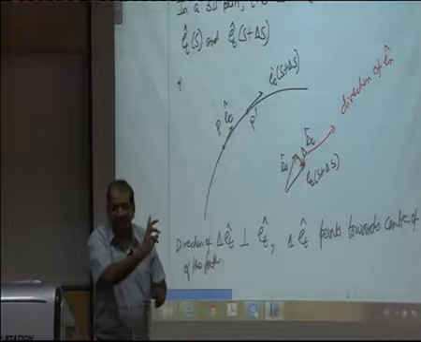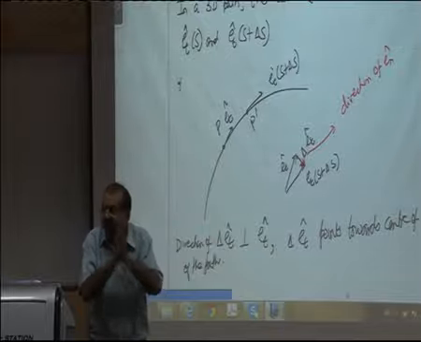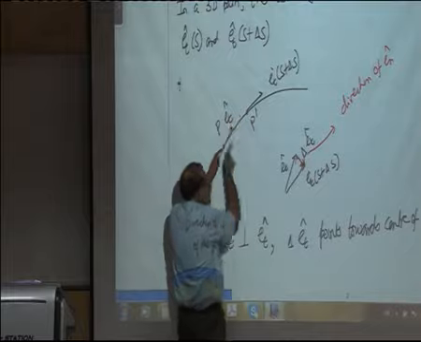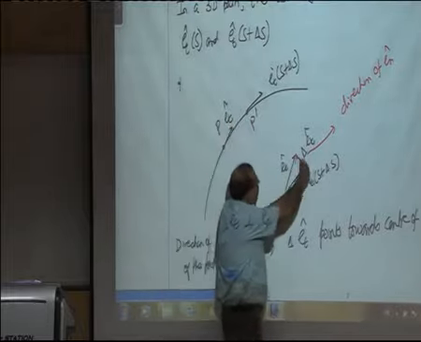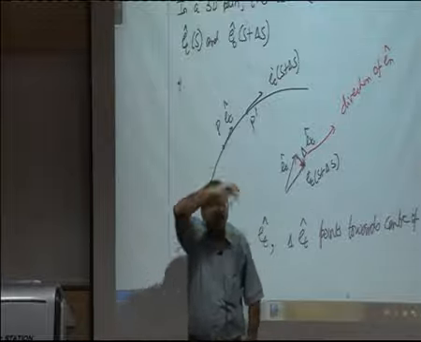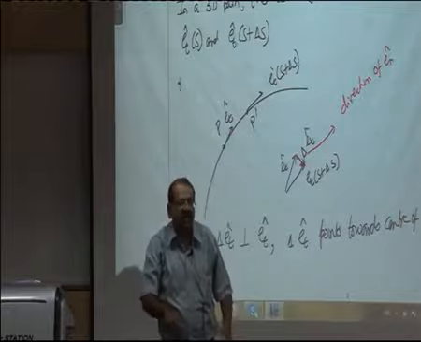It cannot point away. We have made that a part of our definition, because dEt by ds is perpendicular to this, there could be this direction or there could be this direction, and we choose the direction which is towards the center of curvature.